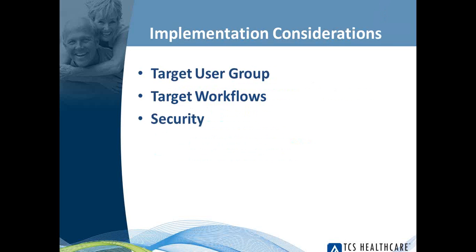So you're going to see a two-pronged approach to security, where you have system access: who gets a user log on and what functionality can they see in the system. But more importantly, we have a member role that Linda's going to talk about, which gives you the capability of doing that next layer of security around not only who has access and what can they see, but also who can they see and what parts of their record can they see.